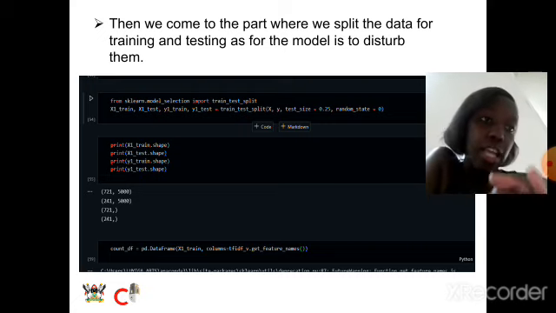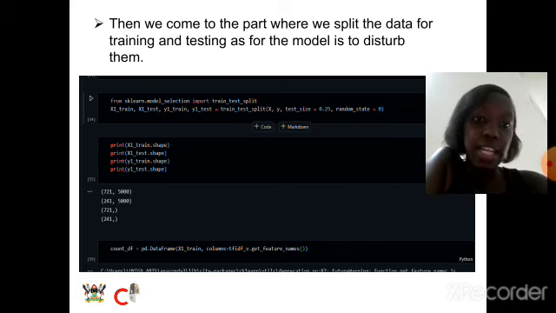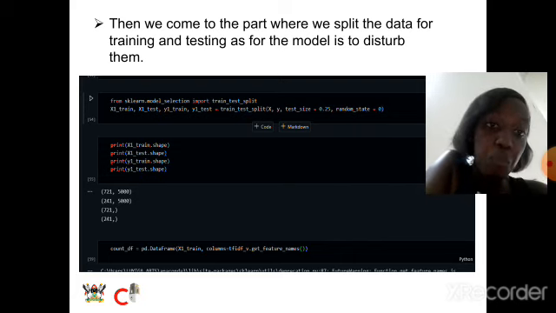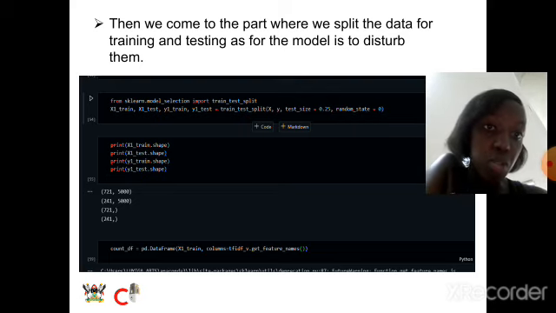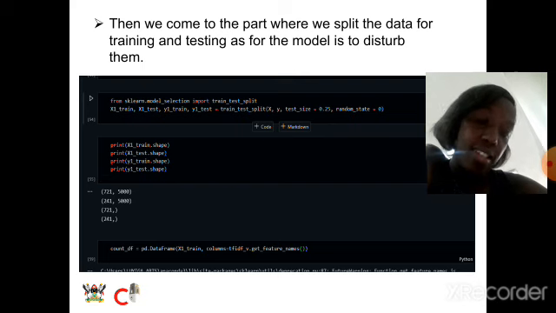So it has already split the data: 721 are the ones going to be for training, and then this one for 41 is also going to be for the testing, because it has split them into two. There is X training shape and then X test shape. So they are doing it like that.